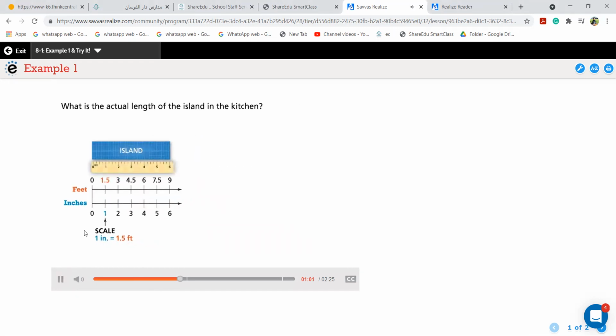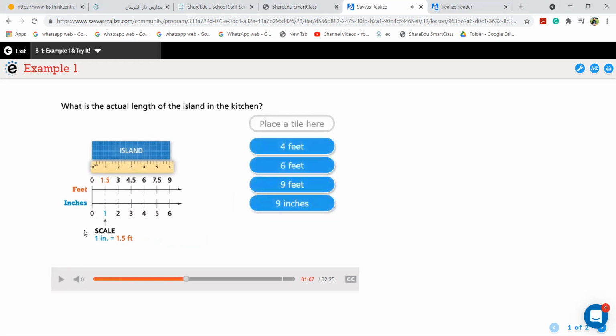As shown by the number lines, what is the actual length of the island in the kitchen? Select your answer. Tell me, girls, for 6 inches, what is your answer? It is 9 feet.